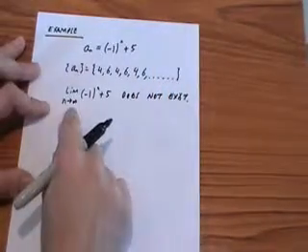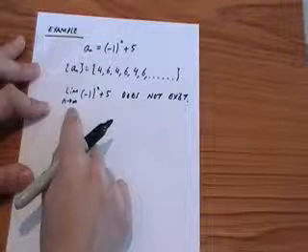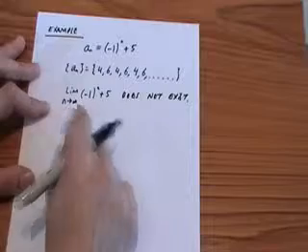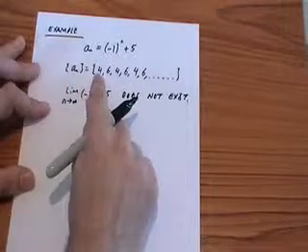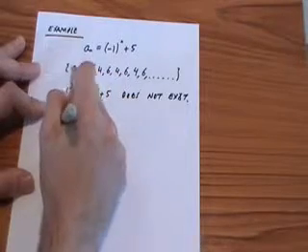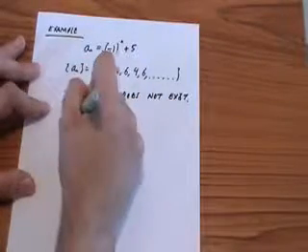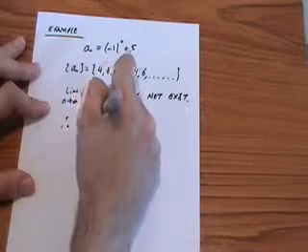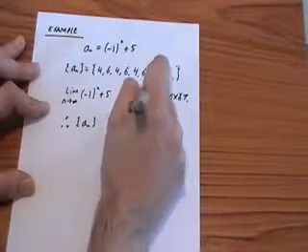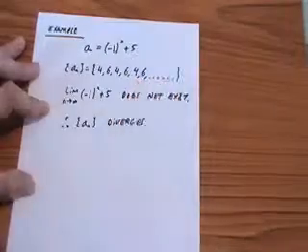In other words, if I was to travel infinitely far down the list of numbers, I would not tend towards just one specific number. And the reason for that is because my terms are just alternating from 4 to 6, 4, 6, 4, 6. So once again, by the formal definition of divergence, we can therefore say that the sequence a_n diverges.